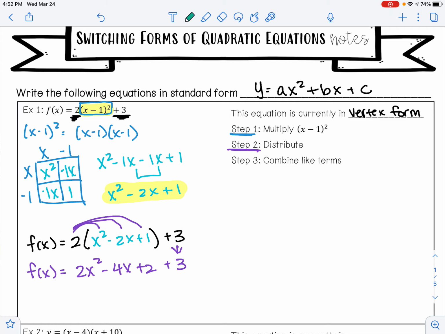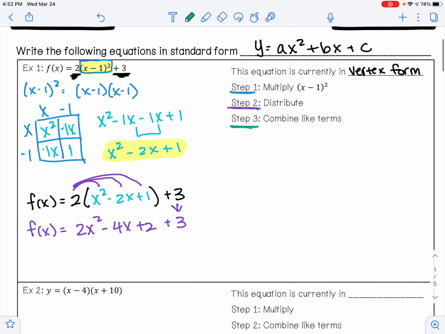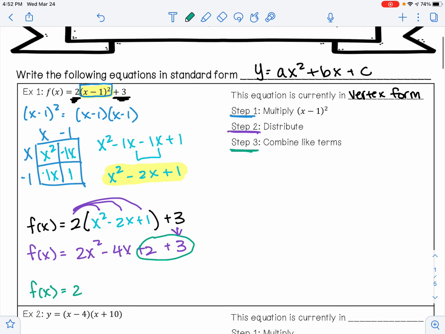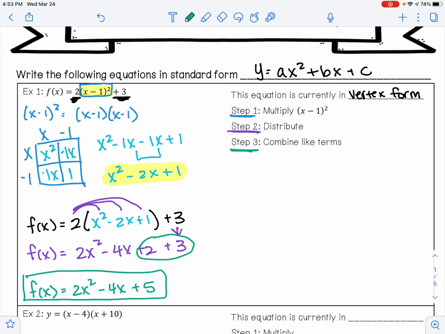My final step is to combine like terms. 2 and 3 are like terms. So I'll have f of x equals 2x squared minus 4x plus 5. This equation is now in standard form.